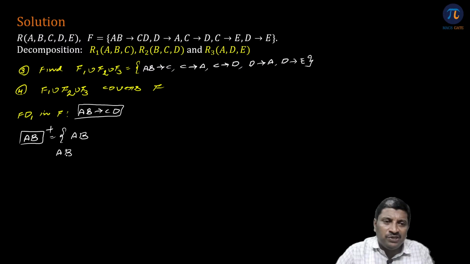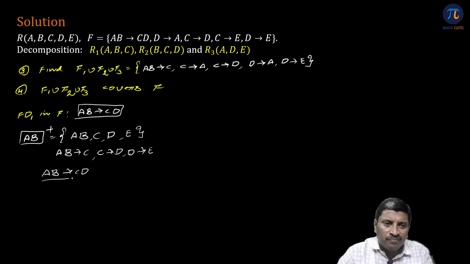I have a dependency, AB implies C. So I will get C. Then I have a dependency, C goes to D. So you can get D. Then I have a dependency, D goes to E. Right? So what does it mean? You can write AB implies CD. This is what we need to verify, right? So this is valid. What is the second one, sir?